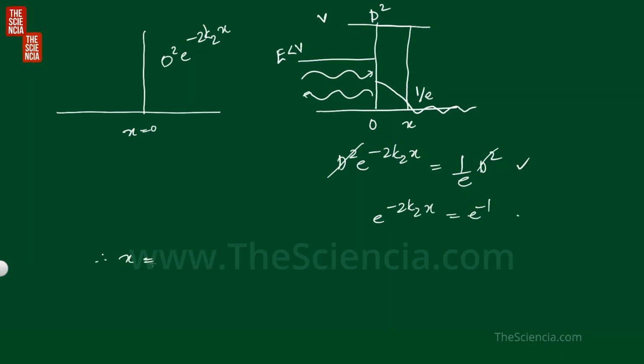Therefore, the x value is equal to 1 by 2k2. And we know the value of k2: k2 is equal to root of 2m(V minus E) by h cross squared. Are you remembering, we substituted this value in the Schrodinger equation to solve the wave functions. So when x equals 1 by 2k2, the amplitude of this wave will decrease to 1 by e times its amplitude at x equal to 0.